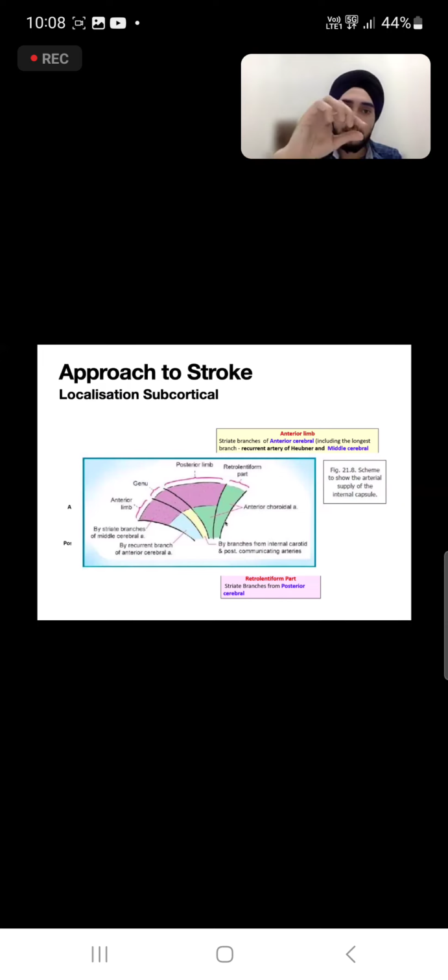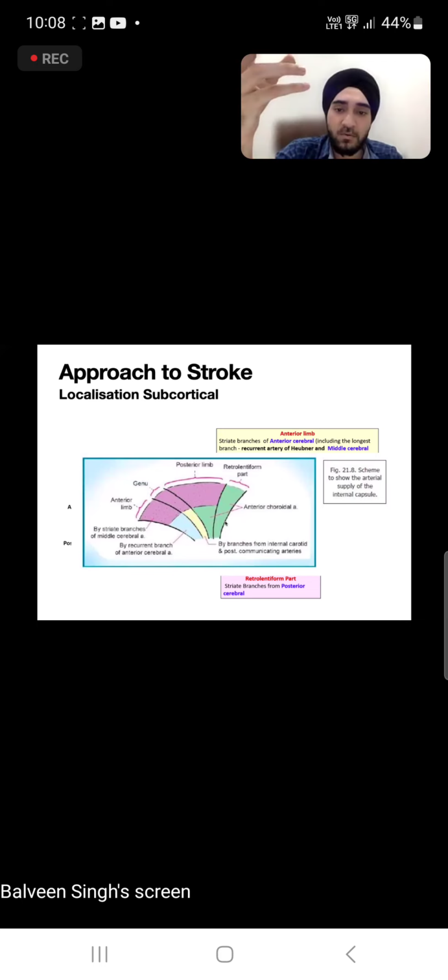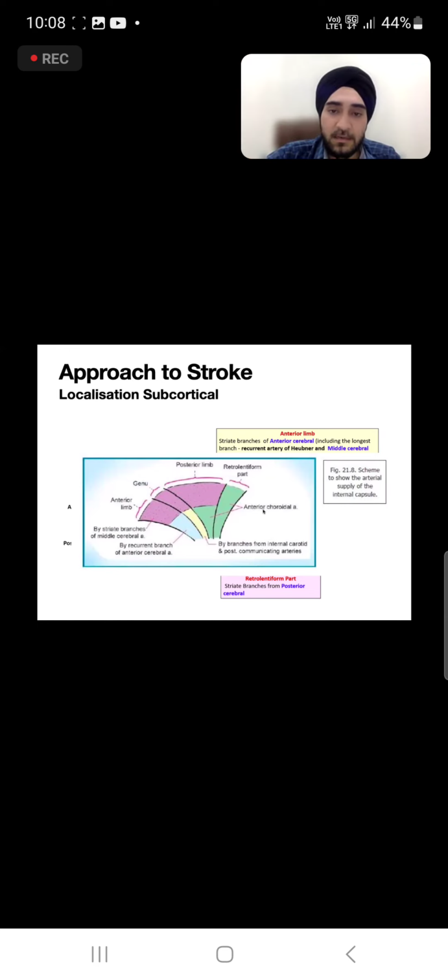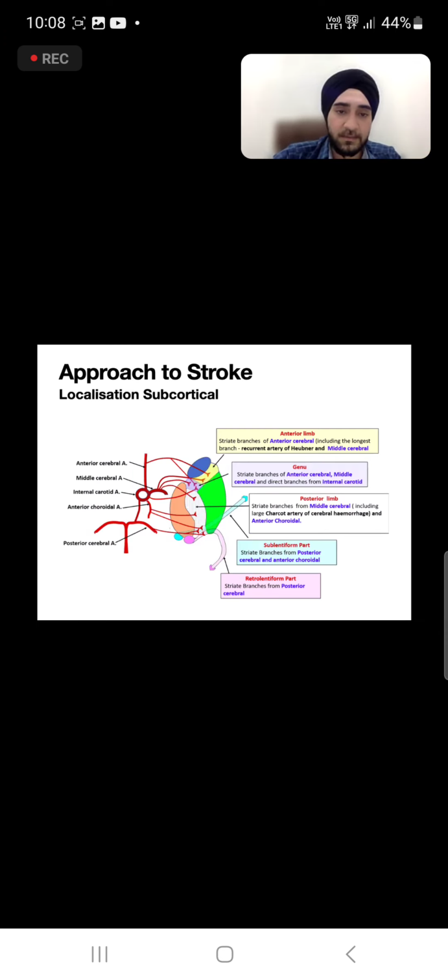So the anterior limb, because it is anterior, is supplied by the anterior cerebral artery through the recurrent artery of Heubner. The genu, which is a genius, the ICA wants to directly come and say hello to, along with the PCOM. The posterior half is supplied by the anterior choroidal artery, and the retrolentiform part is also supplied by the anterior choroidal artery. So this diagram is a good simplified version of that diagram.